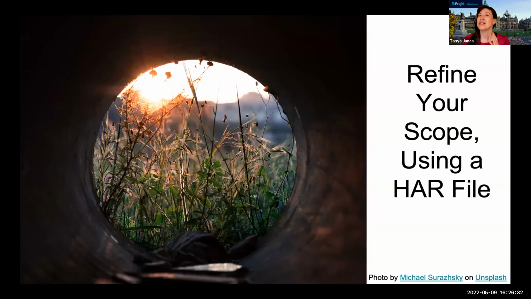Okay. So the next thing in a CI/CD pipeline: you have your own copy of the pipeline and you're not interrupting anyone else. So you're publishing to a safe place where you can be destructive and you're doing your tests. To refine it further, I like to refine my scope. A HAR file is basically an HTTP archive file.